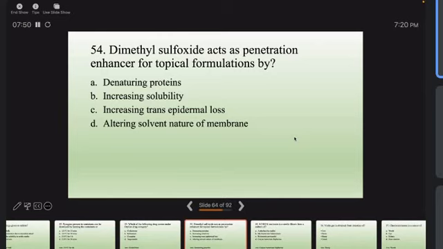You can think about this. Anybody? Any answers? We have mentioned penetration enhancer, so think along those lines. For it to penetrate, what needs to be done?